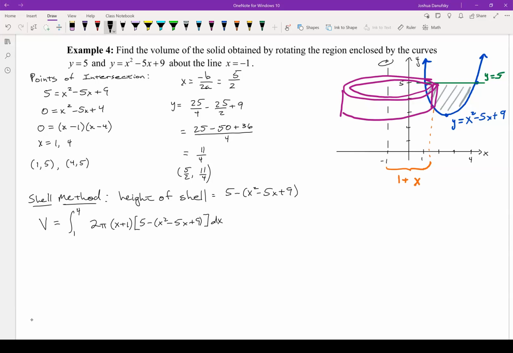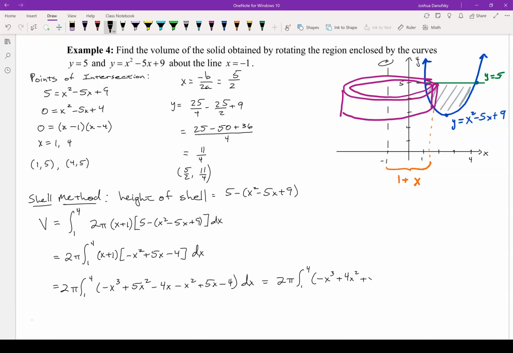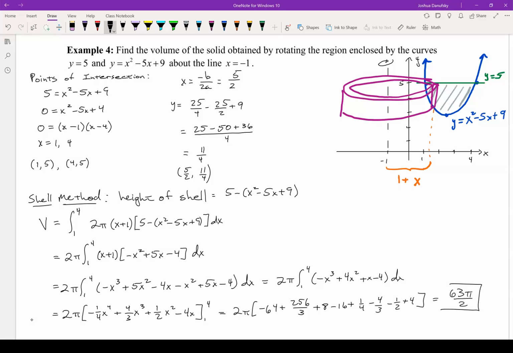And now we'll go ahead and simplify and integrate. We get a result of 63 pi over 2, and that is the shell method for this particular example.